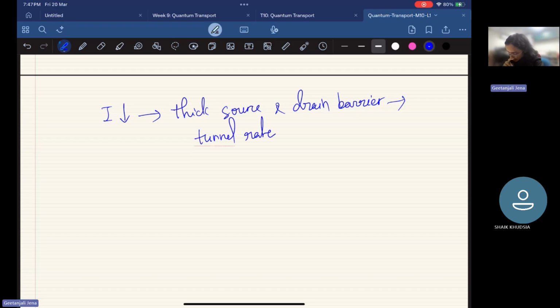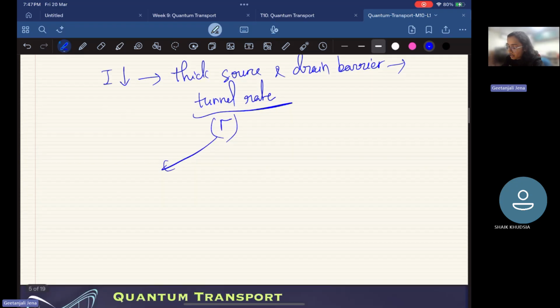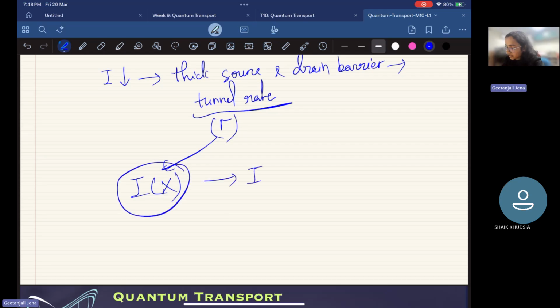So for this part, due to the low value of gamma, we can't measure the current because the device is getting saturated there. The device is not able to measure the amount of current that is flowing because of the low tunnel rate. So in this case, we can't use current as a sensor.